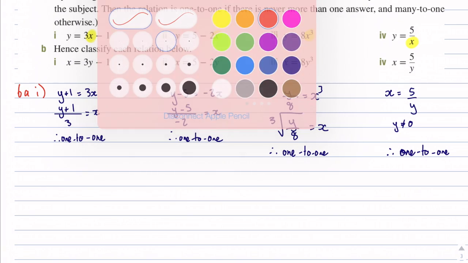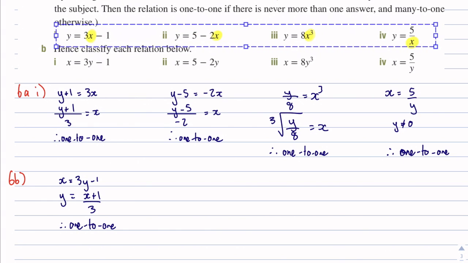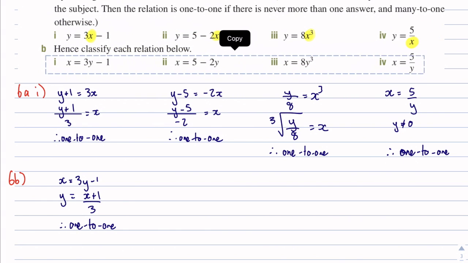Okay, for 6b, they've swapped the x and y around this time. So if I have x equals 3, y take 1, then y is going to be x plus 1 on 3, which is also 1 to 1. And you'll find that if these ones are 1 to 1, these ones where the x's and y's are swapped are also going to be 1 to 1.